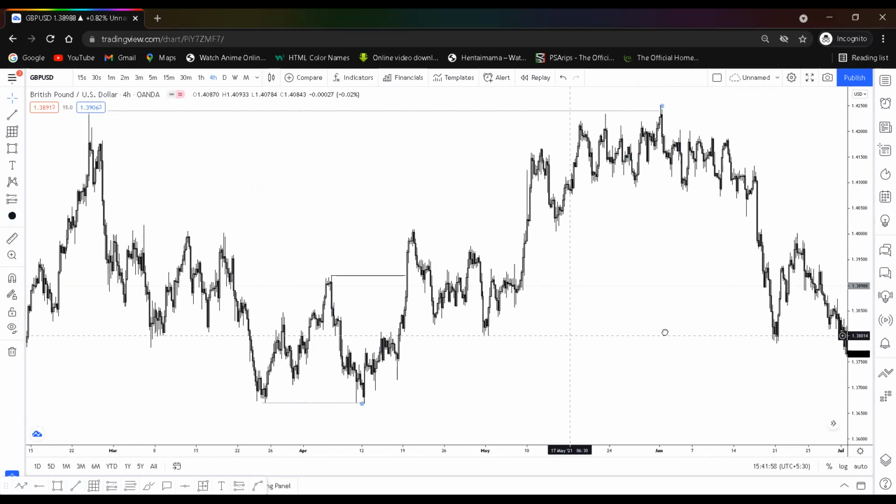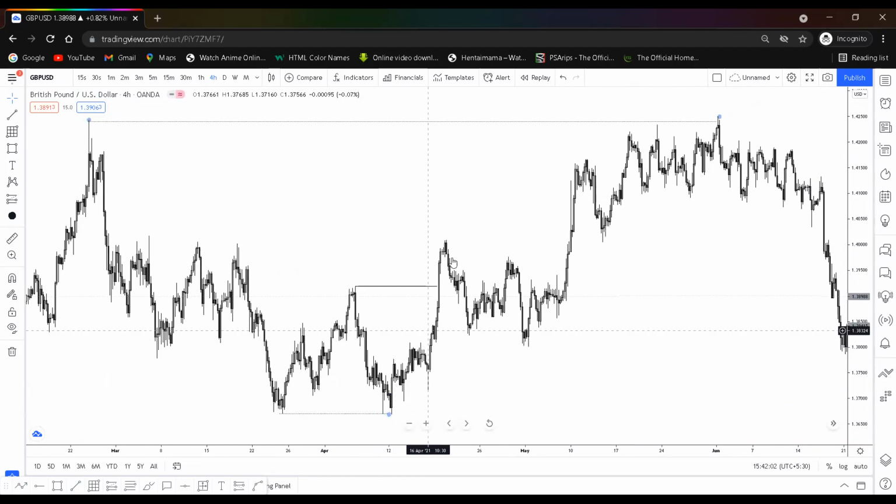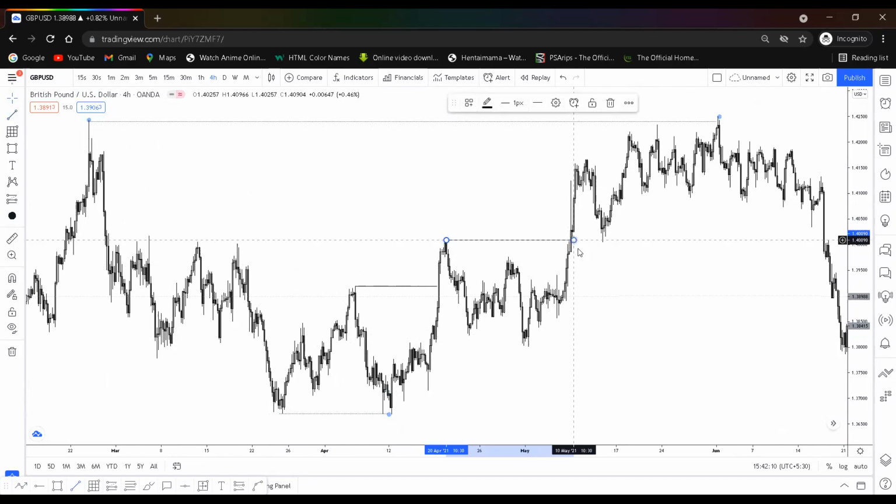So now what the retailers are taught is that if after a break of structure, price comes back and retraces and then breaks structure once more to the upside right here, the retailers would consider this a strong low, because it retraced after the break of structure and then gave us another break of structure.